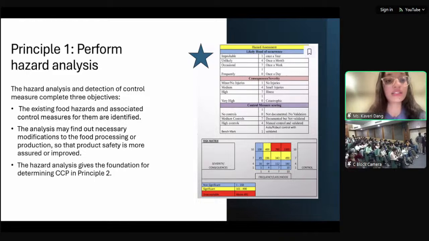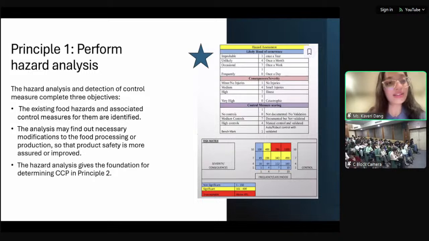Number one is existing food hazards and associated control measures for them are identified. The analysis may find out necessary modification to the food processing or production so that product safety is more assured or improved. And when we are analyzing our hazard, it also gives us a clear picture in determining our critical control points, that are in principle 2.